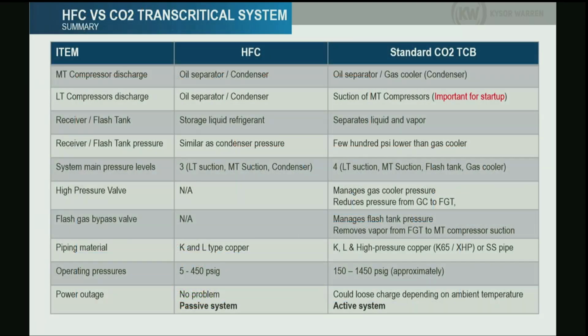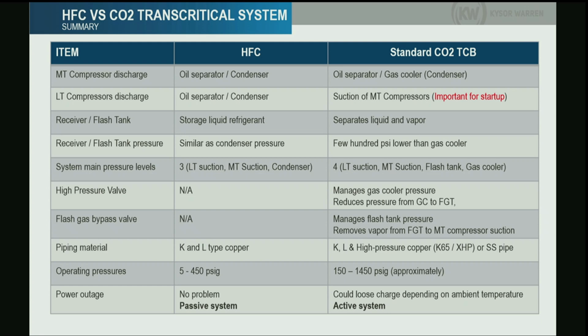So this table here represents the main differences between HFC and CO2 systems. We talked about some of those already: the discharge of the system, the low temperature compressors, and the flash tank, the functionality of those between the receiver and the flash tank. In the HFC system, the receiver is basically a storage tank, with your liquid there. In CO2, you have a flash tank.